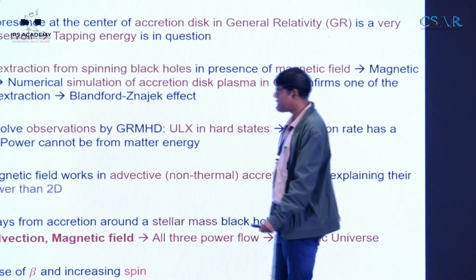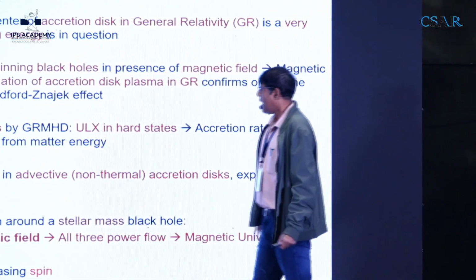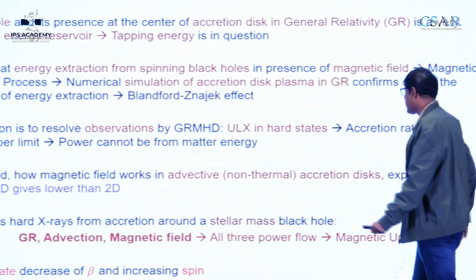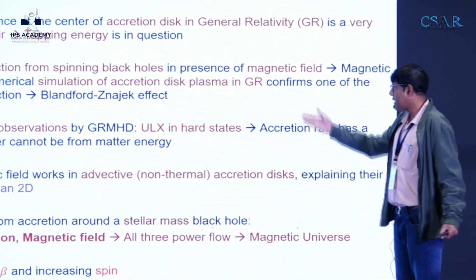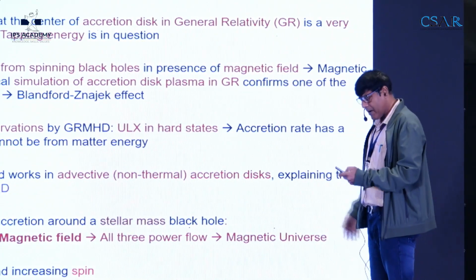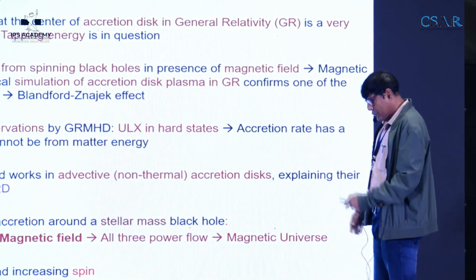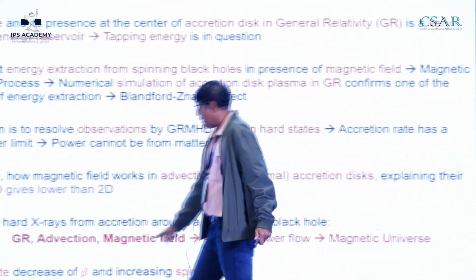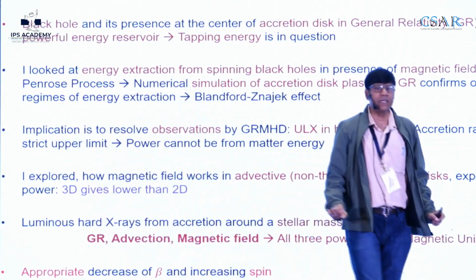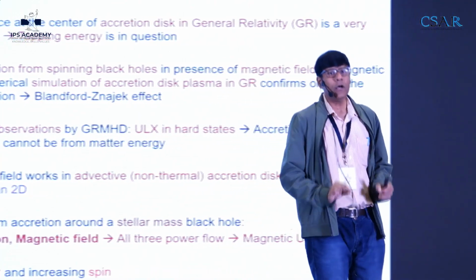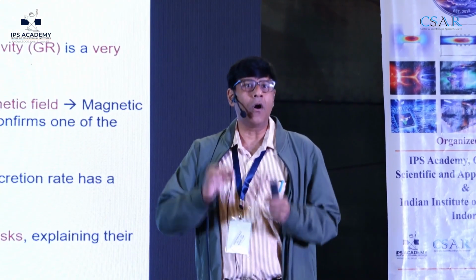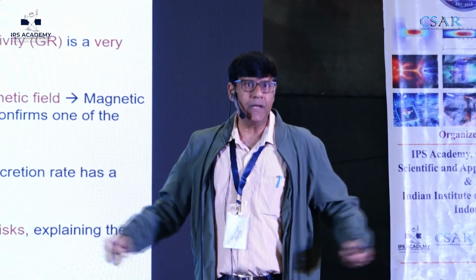And in our application to explain ultraluminous X-ray sources in the hard state, the power cannot be explained unless I consider black hole spin and magnetic field both, and the 3D power is smaller than 2D. So the bottom line is that GR, advection, and magnetic field, all three together are required to explain the most powerful energy extraction, or energy, as we observe in the universe.